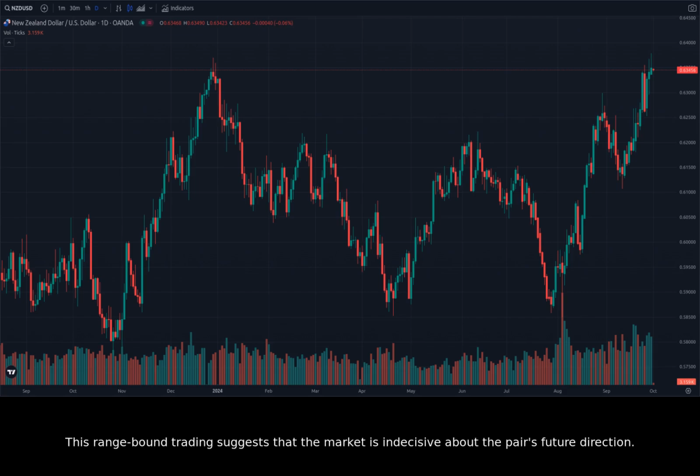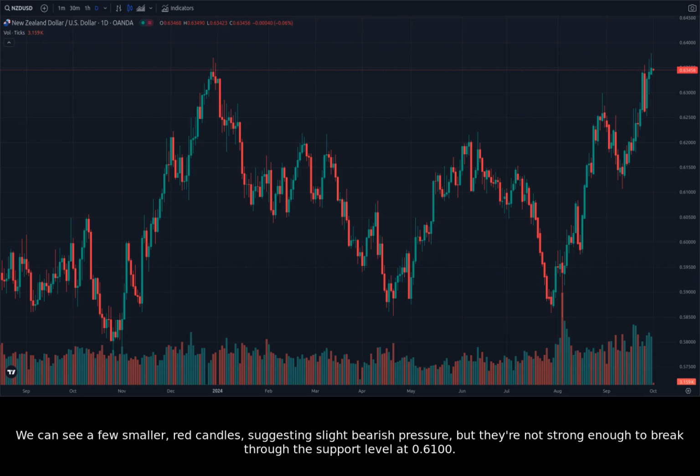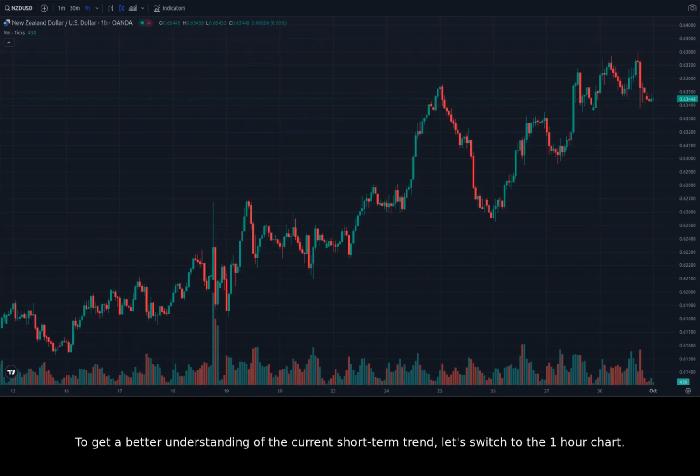This range-bound trading suggests that the market is indecisive about the pair's future direction. We can see a few smaller, red candles, suggesting slight bearish pressure, but they're not strong enough to break through the support level at 0.6100.